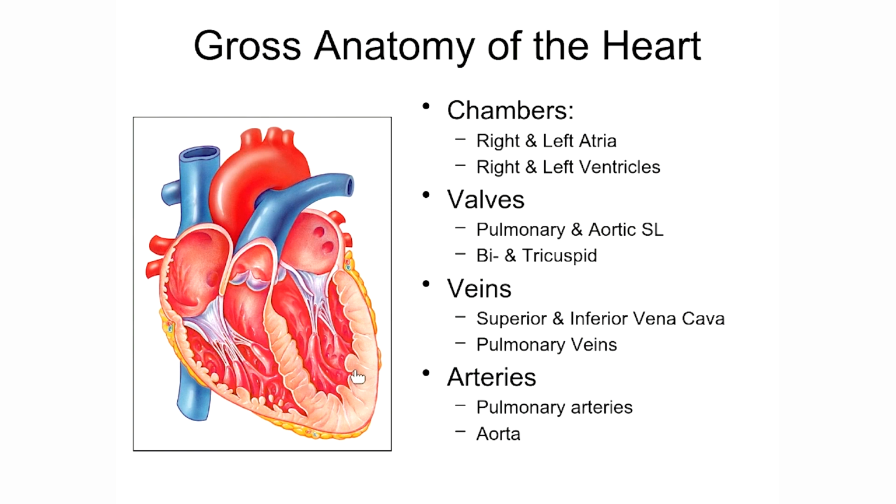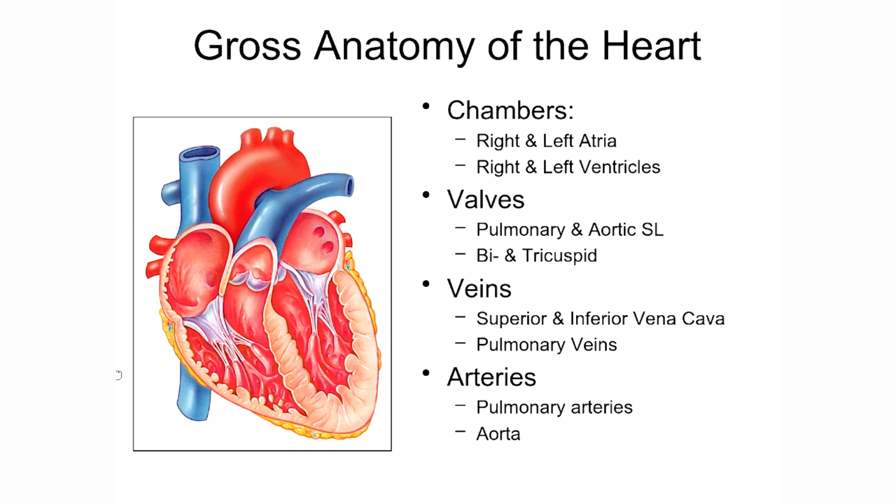When the left ventricle contracts, we want the blood to go up into the aorta and from there out to the rest of the body. This aortic semilunar valve is going to ensure that none of that blood backflows into the left ventricle. So we've got this one-way flow of blood that's moving through the heart at all times.